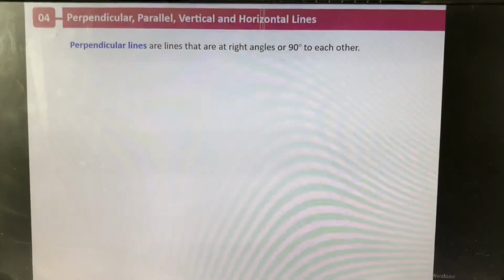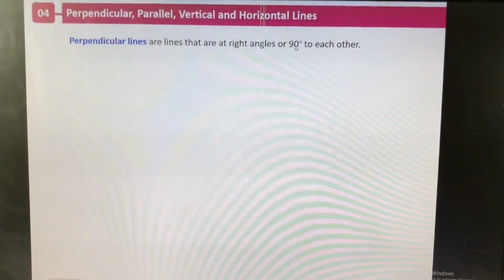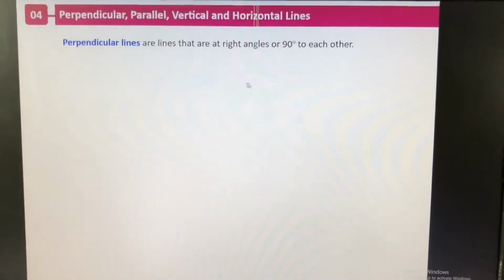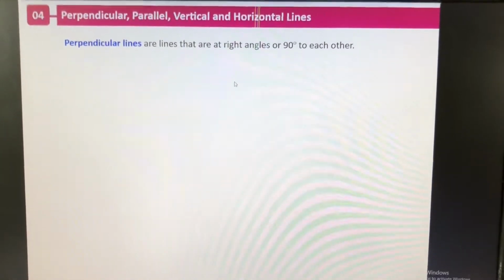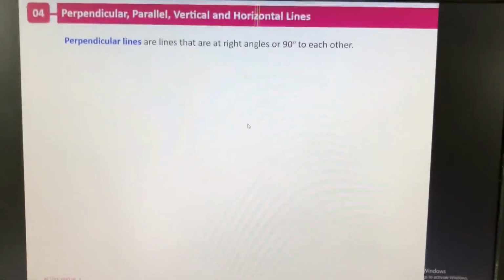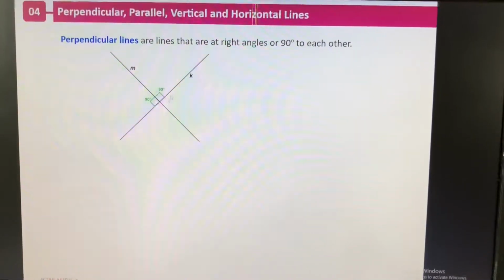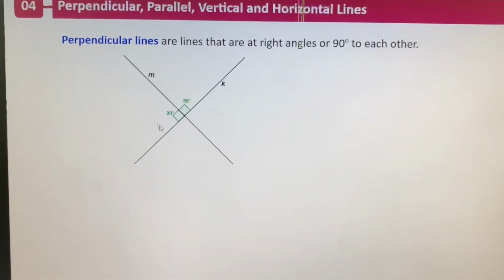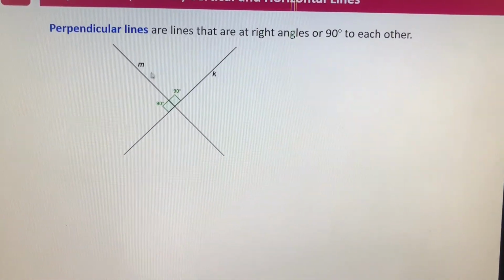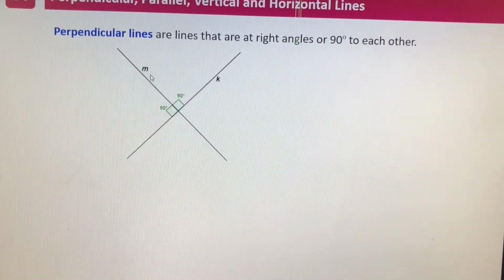And if you remember, a right angle is 90 degrees, like the corner of your book. So if we have two lines that are perpendicular, it means that they are at right angles to each other, like this. So here you can see we have line M, and we know it's a line because we've got the small lowercase m.